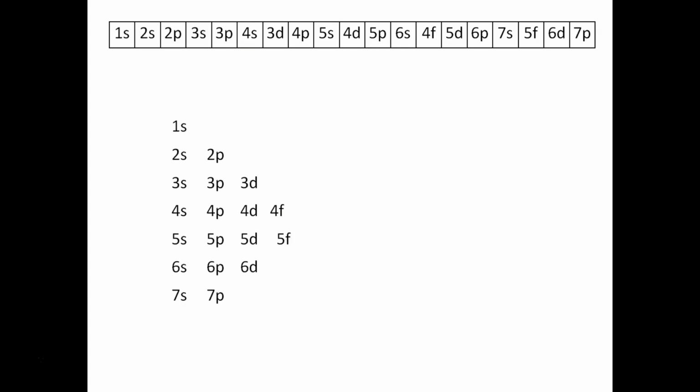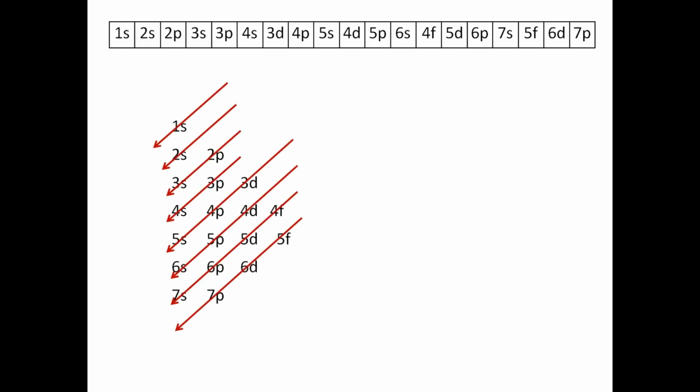If you made a series of columns where you listed the energy levels and then the orbitals, in rows and columns, and then drew a series of diagonal parallel lines through it like this, then if we start reading from the top, we go 1s, then 2s, then 2p, 3s, 3p, 4s, then 3d, 4p, 5s.